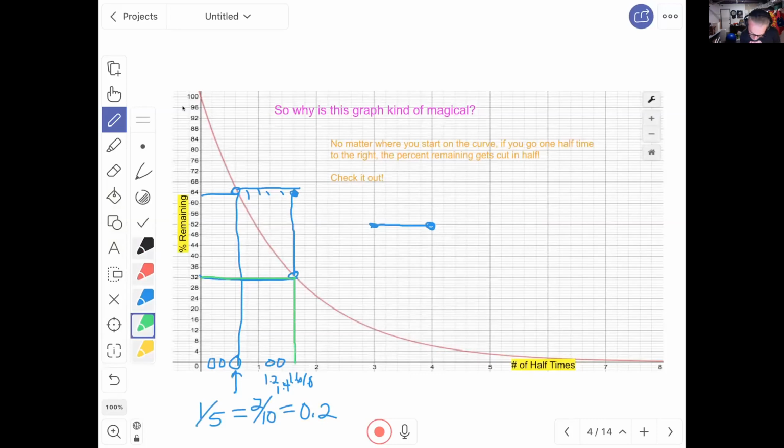Let's do it one more time, see if it works again. So here to here is another half-time, right? Let me change colors again. This is getting ridiculous. All right, from here to there is 1 half-time. Well, where is that on the curve?